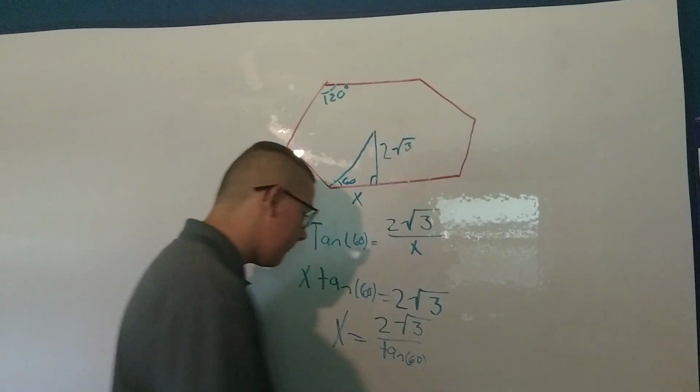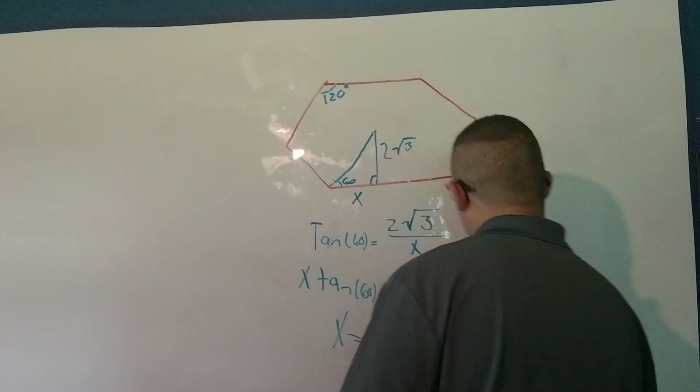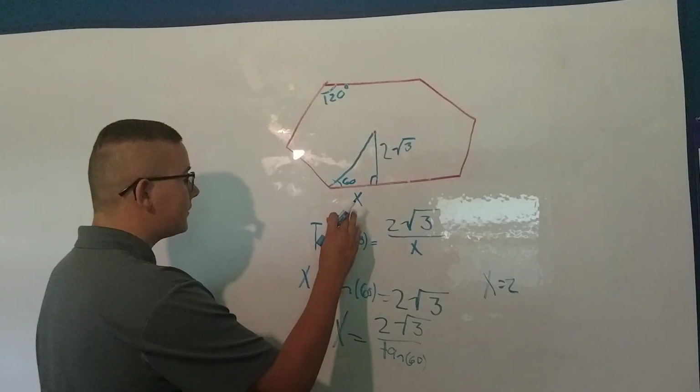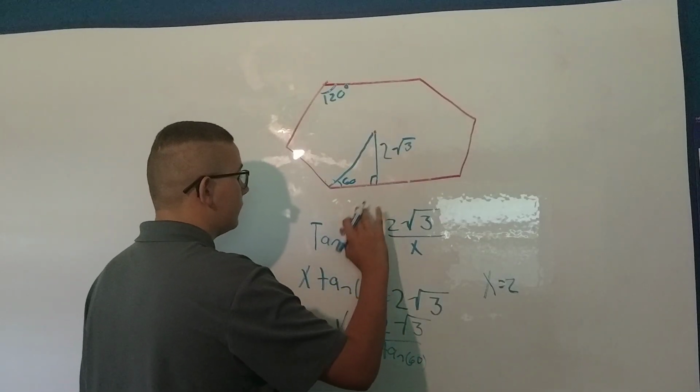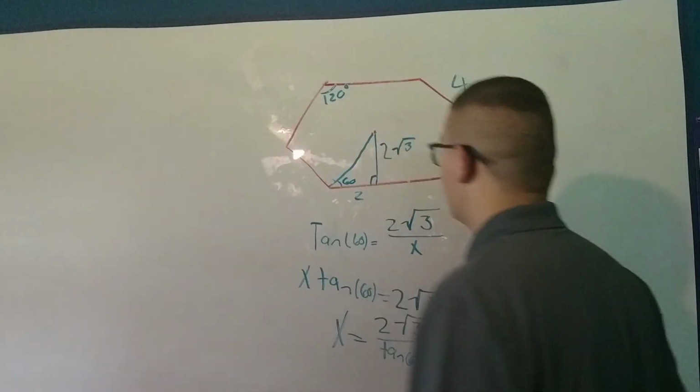And you get 2. So this is x equals 2. So if x here equals 2, that means this entire side is worth 4.